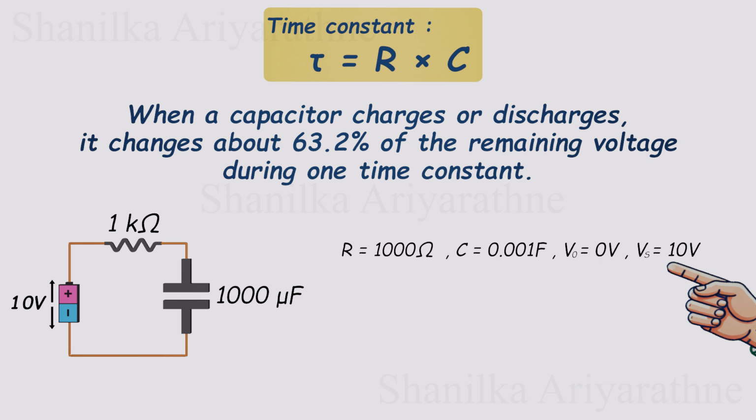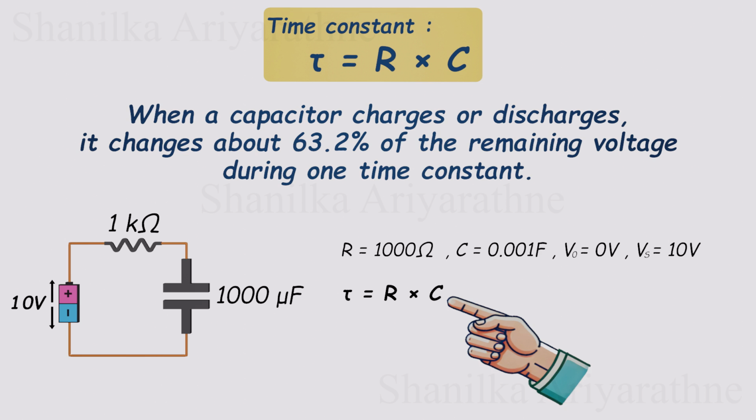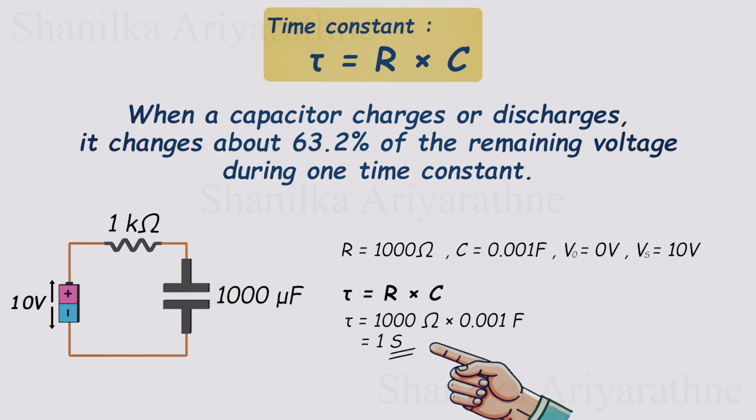By the end, it's going to charge up to the source voltage, which is 10 volts. Now, to find the time constant, all we have to do is multiply the resistance by the capacitance. That gives us a time constant of 1 second. In other words, in just 1 second, the capacitor will be about 63.2% of the way to full charge.